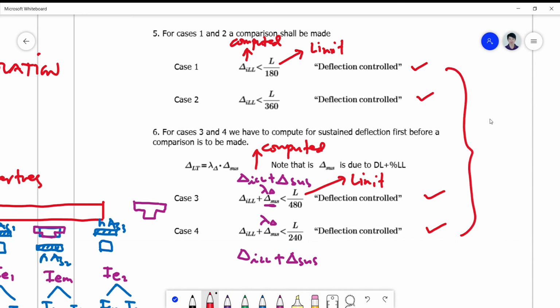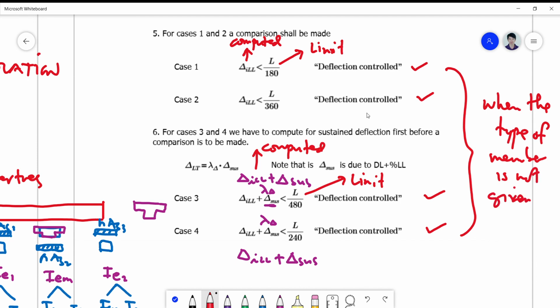Now, do you have to compute all when the type of the member is not given? You compute all 4 cases. But if the type of the member is already given, you only compute that type.